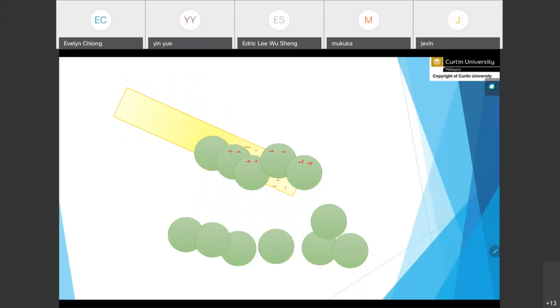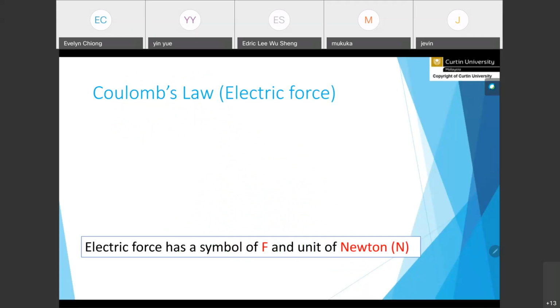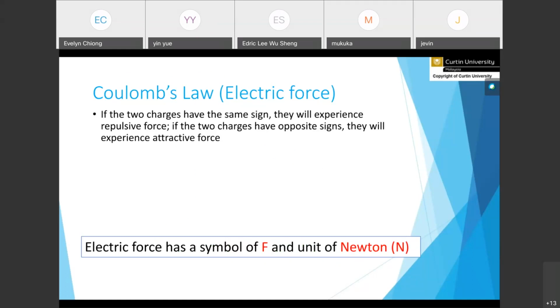All right. So from here, we want to introduce you to electric force. Electric force was actually discovered by Coulomb. So what does it say? If the two charges have the same sign, either both positive or both negative, then they will experience repulsive force.